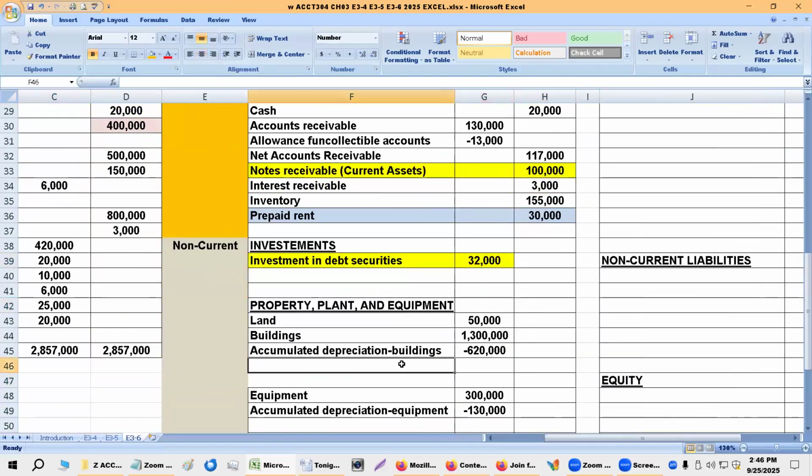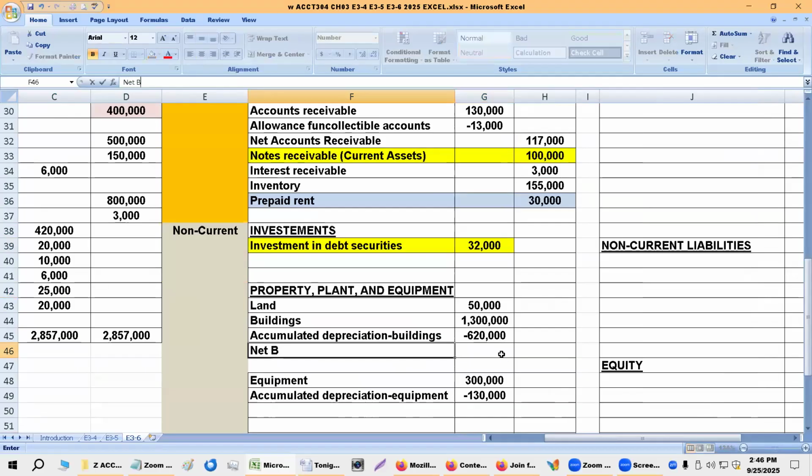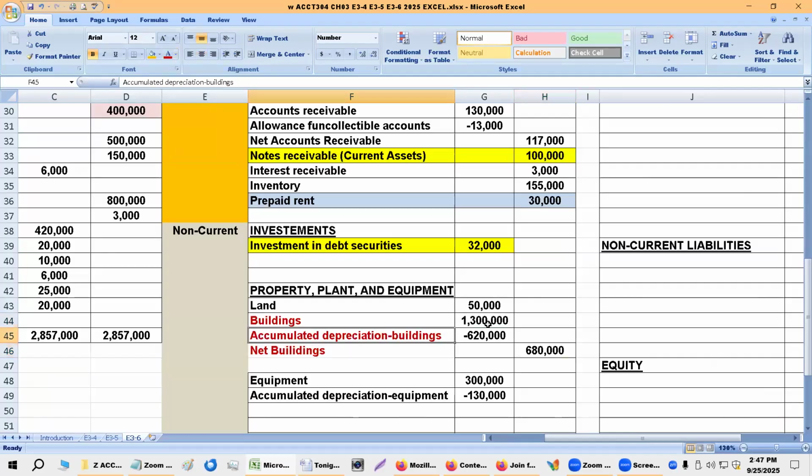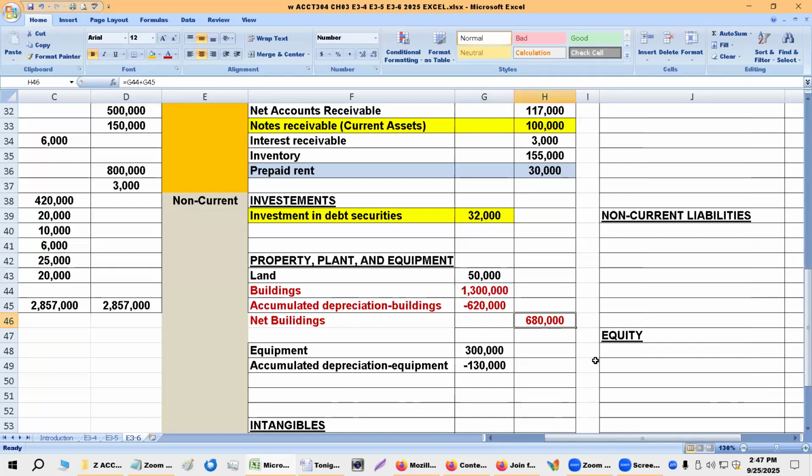So our net buildings will be $680. We paid 1.3 million, 620 has been depreciated, so there's 680. These are about halfway depreciated, it looks like.